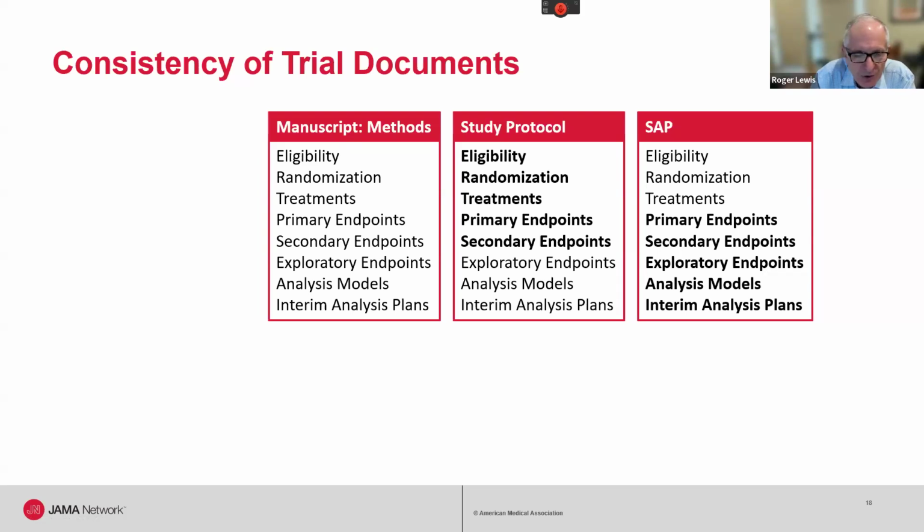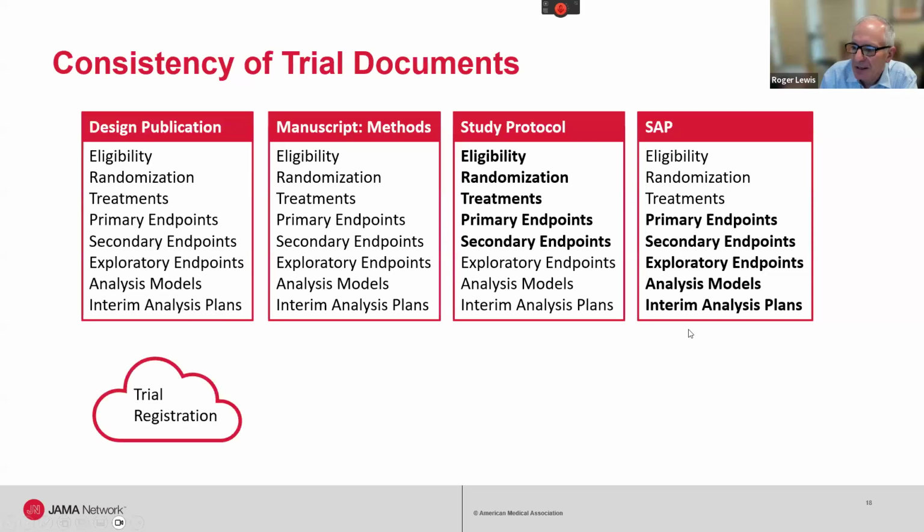What did you do in terms of defining a treatment success if the patient was missing one of the component variables, for example? We look to see what the SAP says about the exploratory endpoints, clearly the statistical analysis model and interim analysis plan.